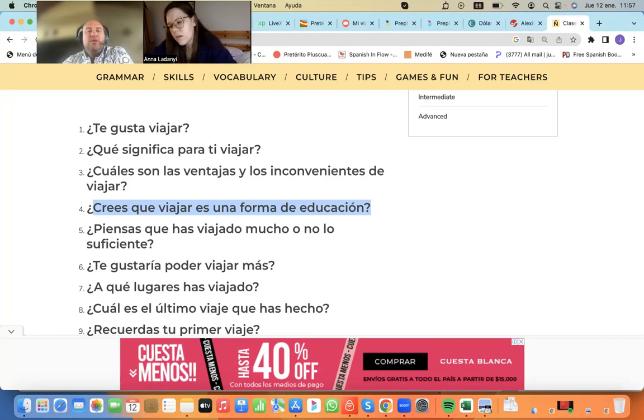Yeah, you could say aprender nuevos idiomas, aprender nuevas formas de pensar y formas de comportarse también. De comportarse is to behave, okay? Other types of behavior, otros tipos de comportamientos. People are different in every country, so not all countries behave in the same way.